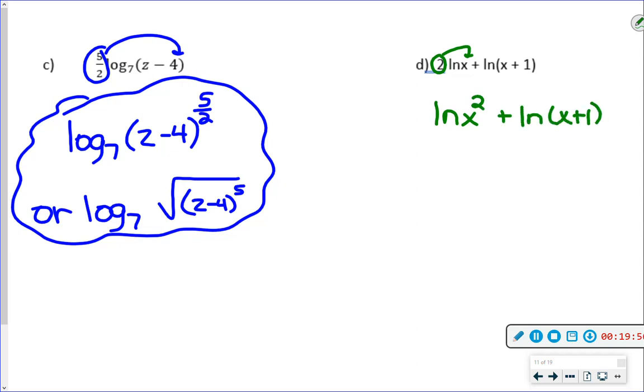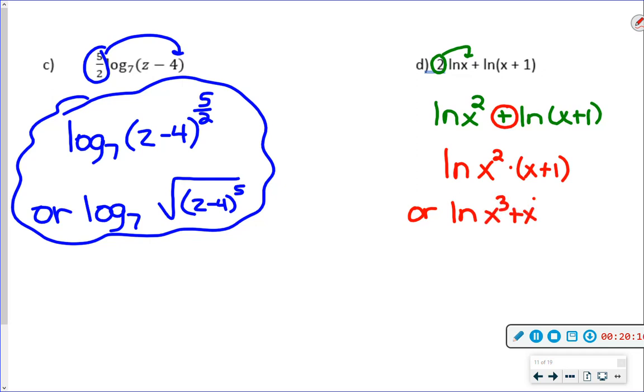And then last thing I'm going to do, I have 2 logs added. I'm going to condense that down to 1 log multiplied. Now, I don't care if you leave it like that. You can distribute the x squared through if we're feeling fancy.